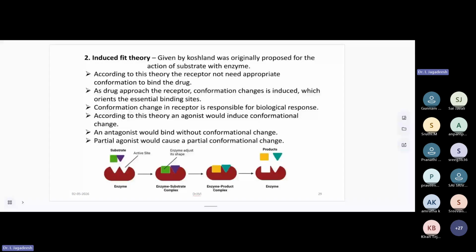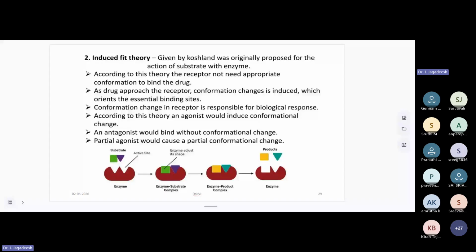We need to have a logical, rational approach when we are inventing a new drug to be introduced into the market. This is where so many drugs that we consider as drugs will fail, and so many molecules we rejected may pass as drugs. This is what makes the situation clumsy and challenging.